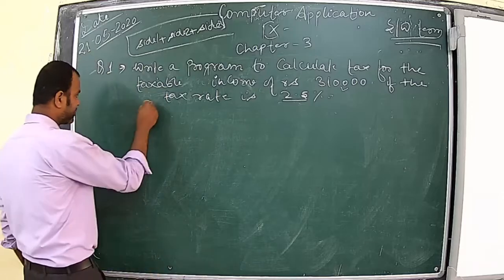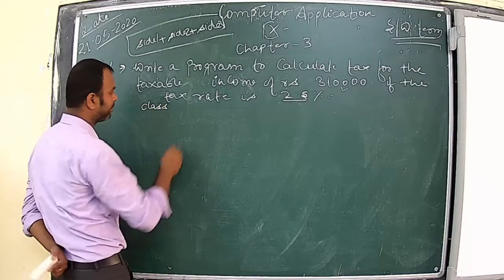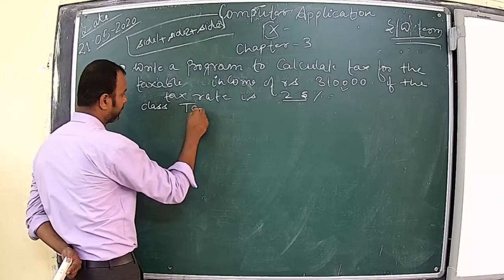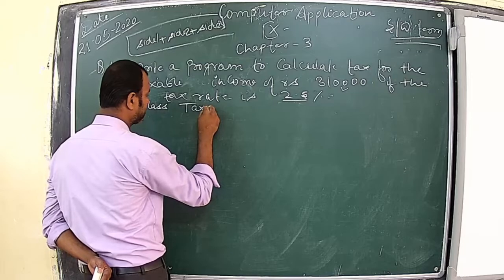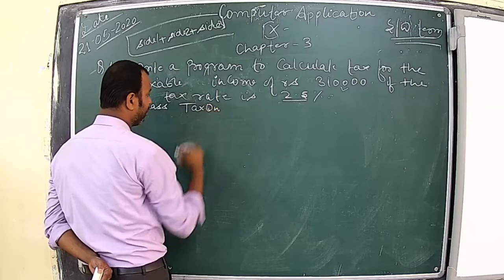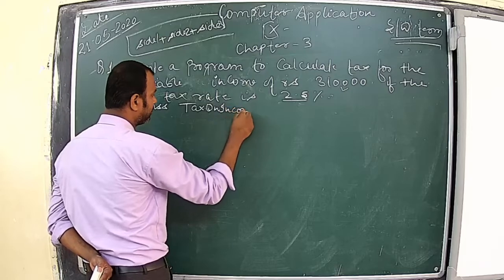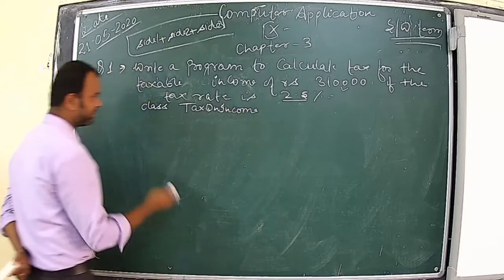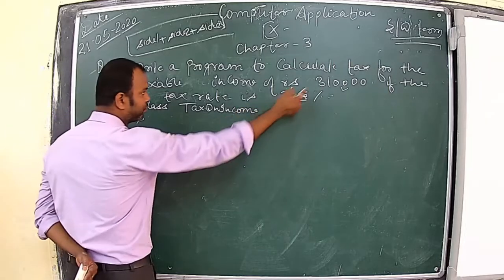So let's start. Class tax on income. So this is the class name. Then we'll have one variable to store the income.